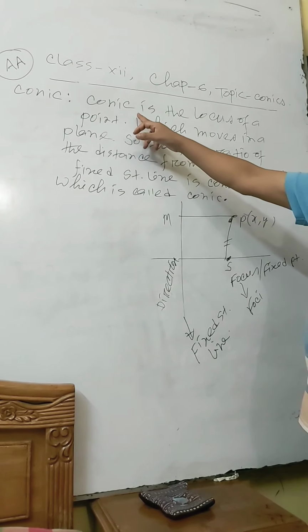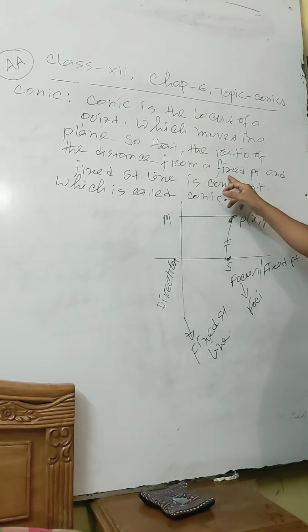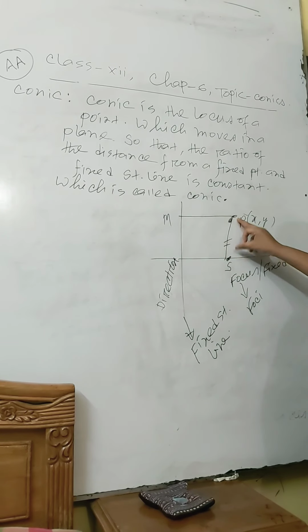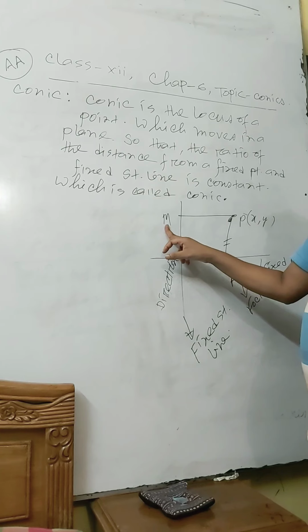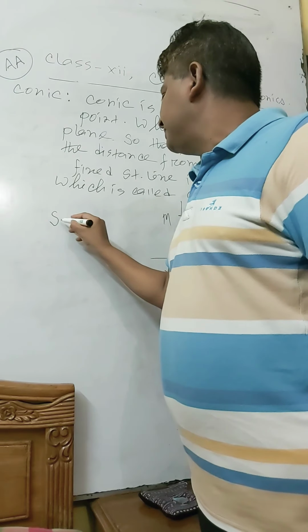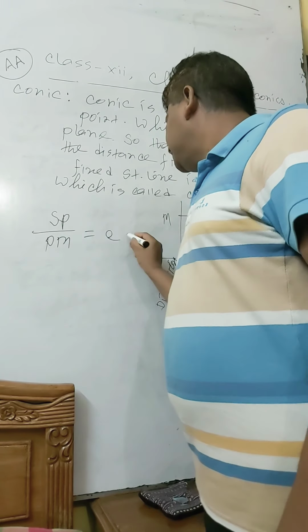That's why conic is the locus of a point which moves in a plane so that the ratio of the distance from the fixed point to the moving point, and the moving point to the fixed straight line, is always constant, which is generally denoted by SP divided by PM equal to e.